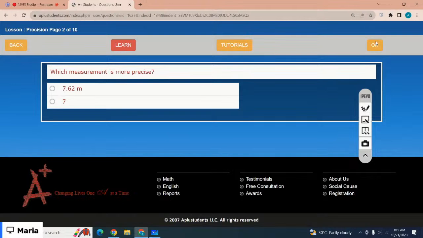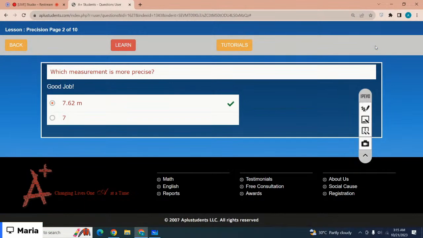Which measurement is more precise, 7.62 or 7? Which is the correct option? Yes, the correct option is 7.62. Option number 1 is the correct option because the one with more decimal places is more precise.